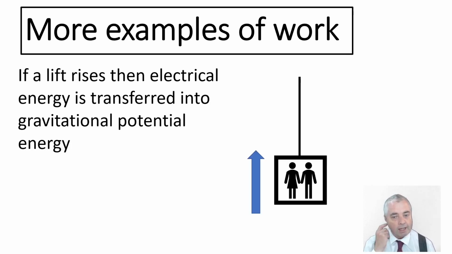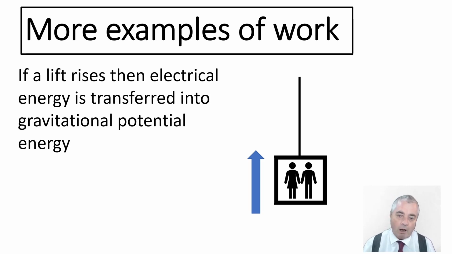And then just a final example, if a lift is going up in a building, we have a situation where, yes, we've got a force moving because the lift is being pulled upwards, and what we've got here is energy being transferred from electrical energy, because there will be an electric motor that's lifting the lift. So it's electrical energy being transferred into gravitational potential energy.